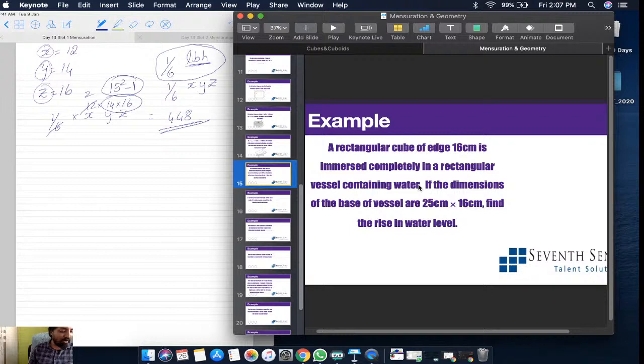What is this concept called? What theorem? A rectangular cube of edge 16 centimeters is immersed completely in a rectangular vessel containing water. If the dimension of the... any answers?